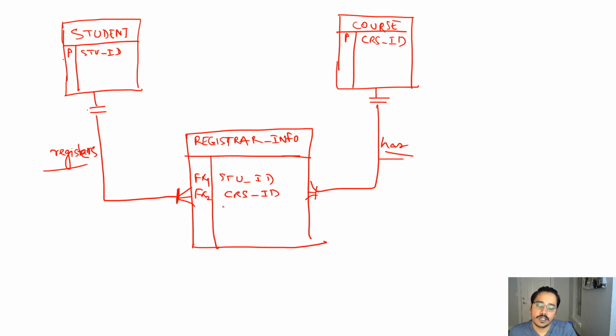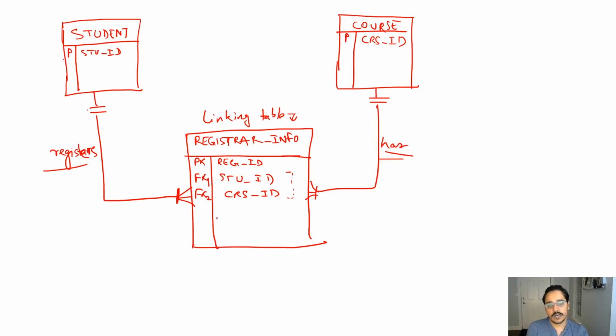And now, in addition to this, you can add your own primary key and say, let's call it registrar ID. But you can also choose a composite attribute of the foreign keys to act as a primary key for this linking table. And this table is solely generated for the purpose of implementing the M to N relationship between two real entities.